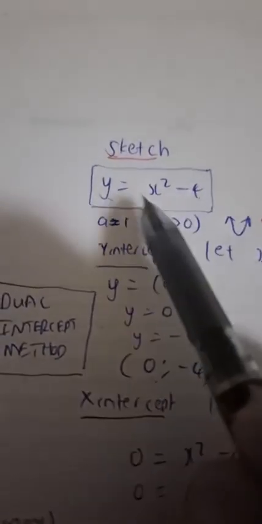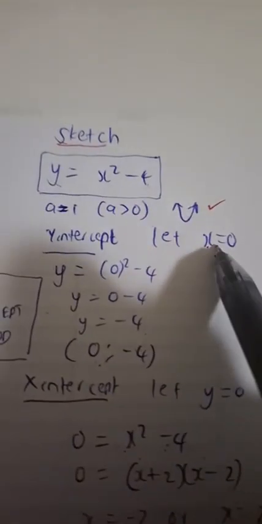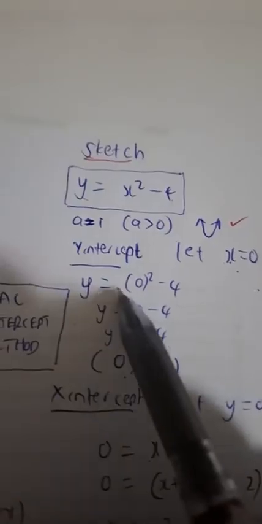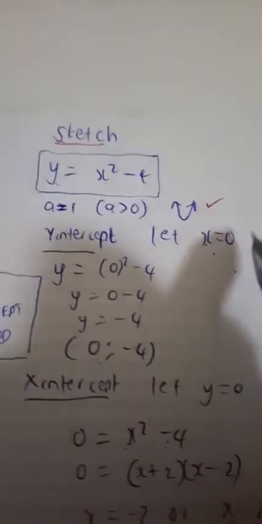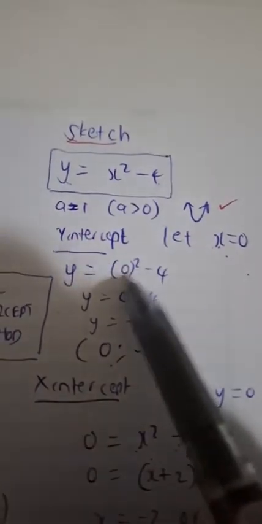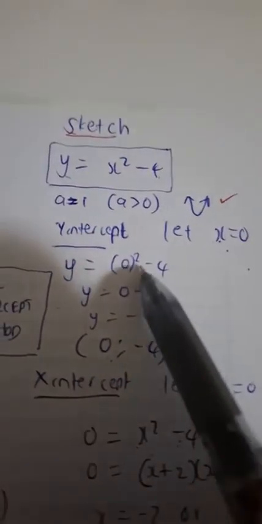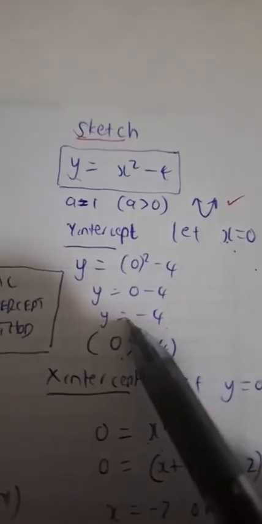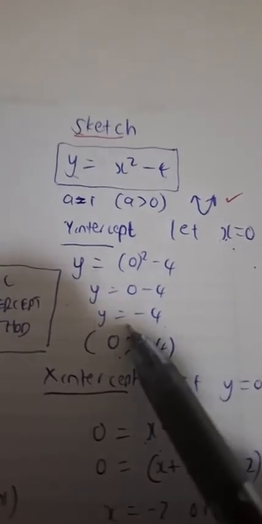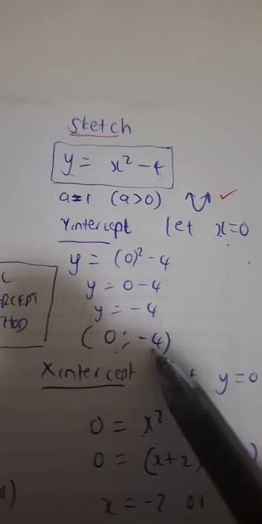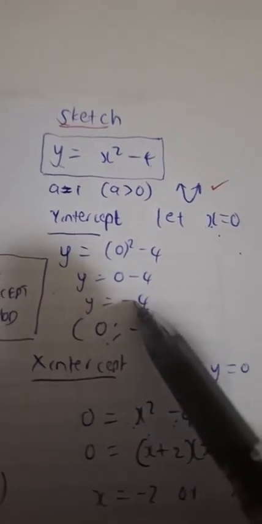So y = 0² − 4. Then 0 squared is 0, and 0 minus 4 is −4. That means our y value for the y-intercept is −4.